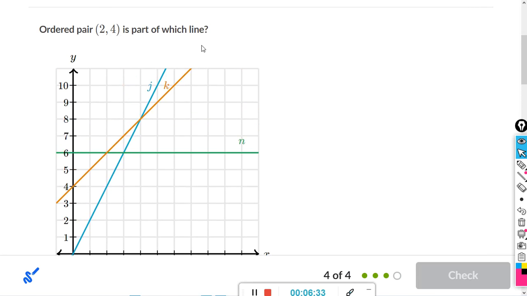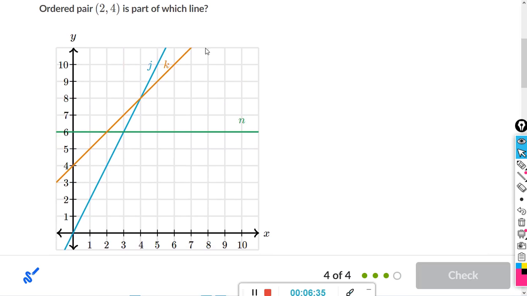Ordered pair 2, 4 is part of which line? Okay, let's see. Remember, the ordered pair is in the form x, y. All right, so we're going to go to x equals 2. This is the x-axis. Here's x equals 2. And then I'm going to trace that to y equals 4.